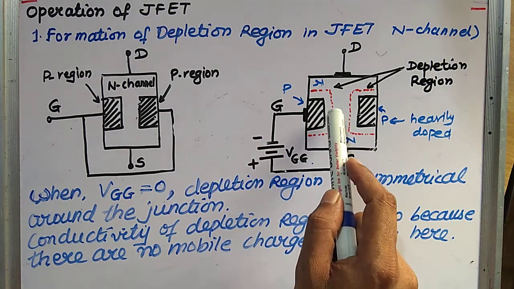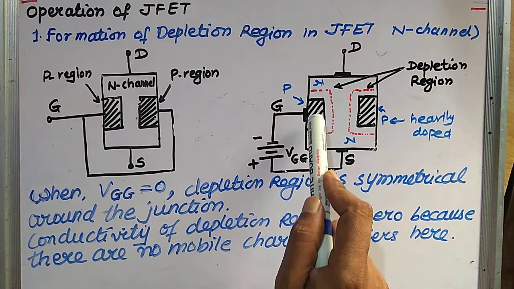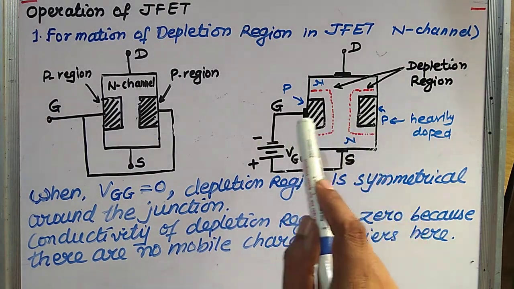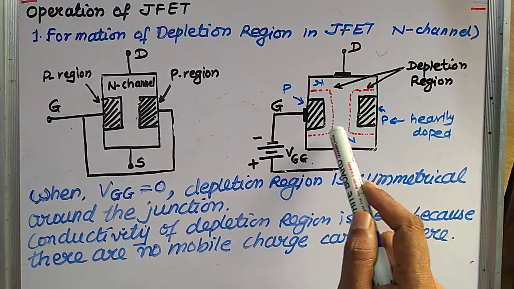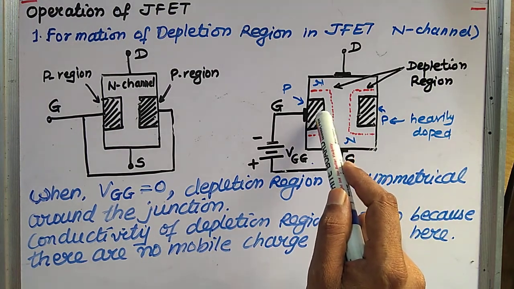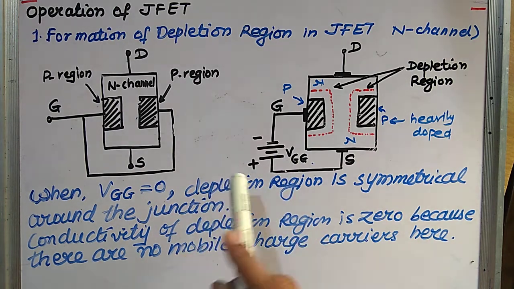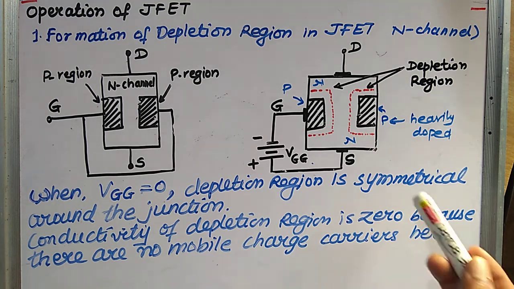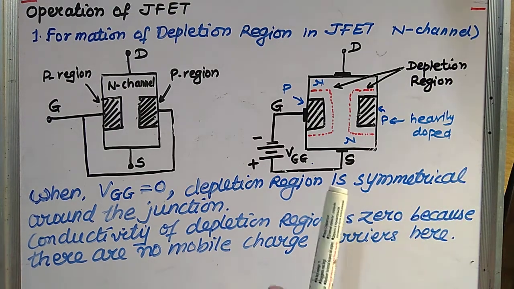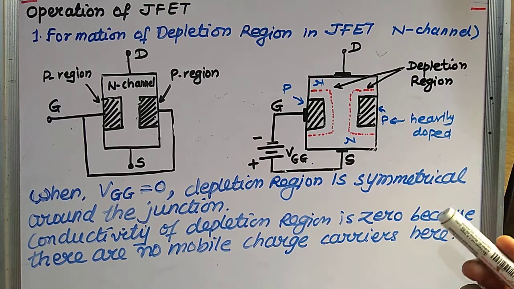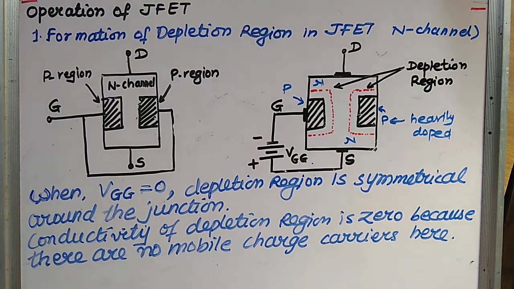The width of the depletion region in N-type and the width of the depletion region in P-type, here also and here also, will be symmetrical, meaning equal in size in P-type as well as in N-type, because VGG is 0. Then one more thing is happening: the conductivity in the depletion region is 0. Why? Because there are no mobile charge carriers.